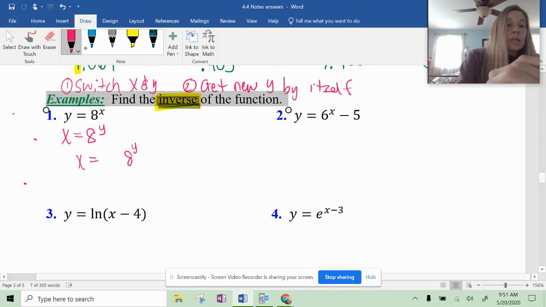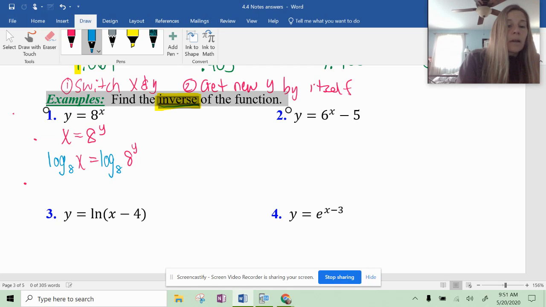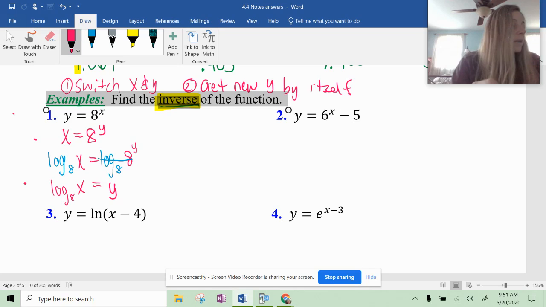If I log both sides, I have to do log base 8 on both sides. This will cancel out. I'll now have my y by itself on one side of the equation, and log base 8 of x on the other side. So this would be my inverse to the original.